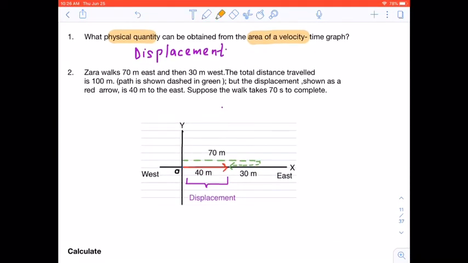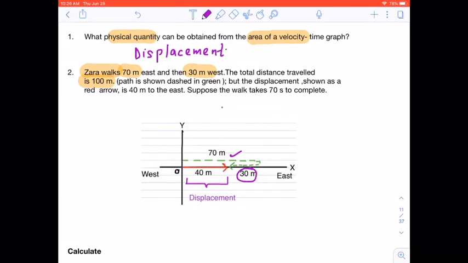Let's look at the next one. We have here Zara. Zara walks 70 meters east and then 30 meters west. The total distance traveled is 100 meters. So she goes 70 meters east and then 30 meters west, so the total distance is 100 meters.